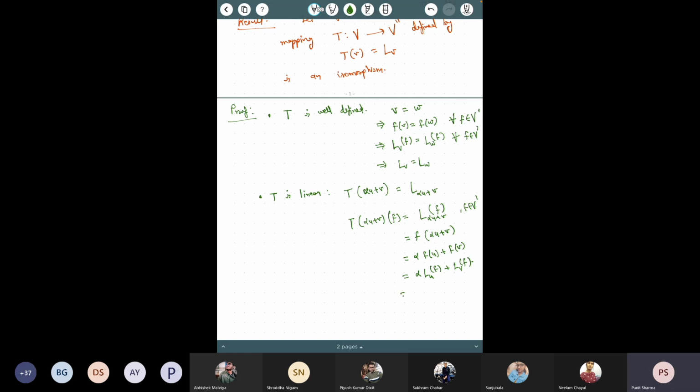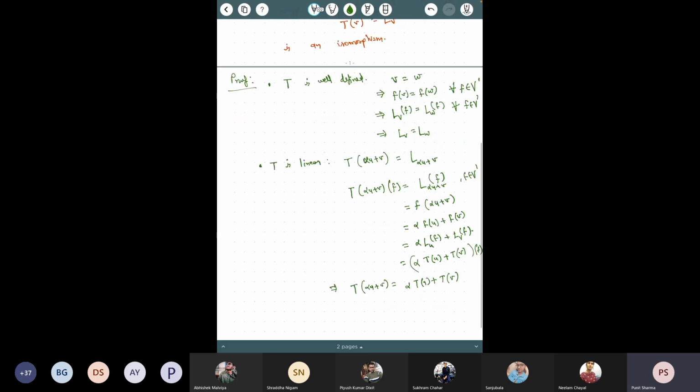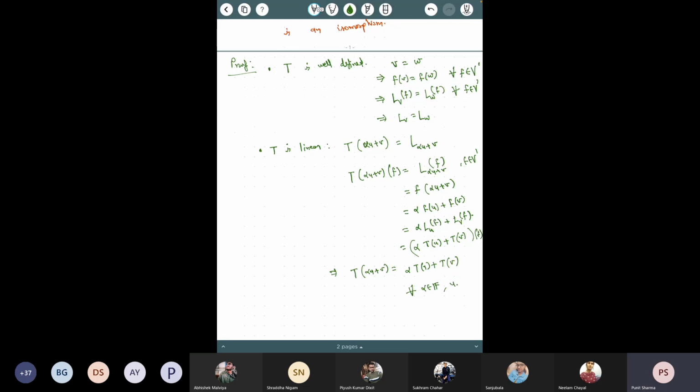Again by definition, this is just T of u plus T of v, applied to f. From these two things you can say clearly that T of alpha u plus v is equal to alpha T of u plus T of v, and this is true for all scalars alpha and all vectors. So clearly T is linear.